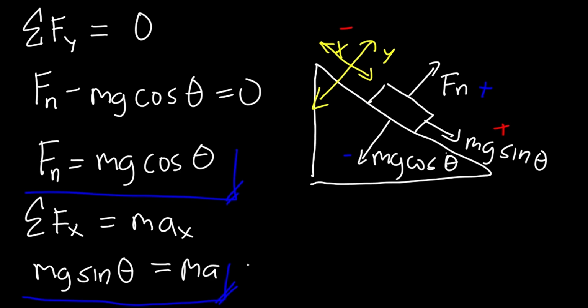Okay? Now, let's have this example problem. Okay? So, a 10 kilogram object slides down a frictionless plane inclined 30 degrees above the horizontal. What is its acceleration? No? So, let's try to solve this problem. So, let's draw a free body diagram that illustrates this problem.